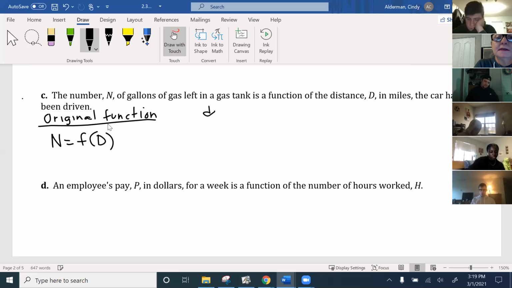And then to write the derivative in regular prime notation, we could just say f prime of d, right? But in Leibniz, we would say what?